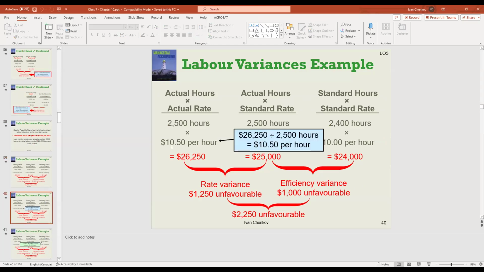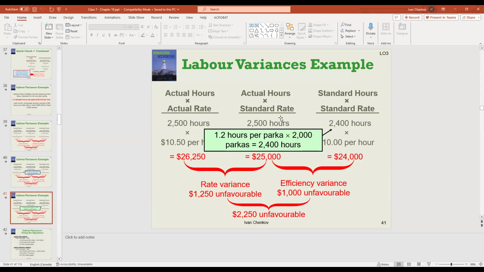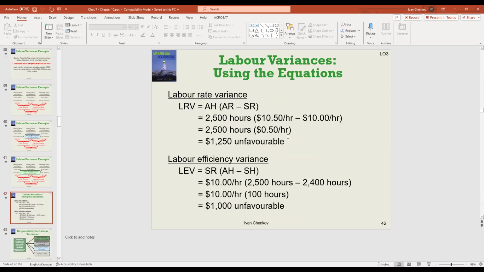We get the actual rate by total cost divided by the actual hours, and we get the standard hours by multiplying the number of units times the standard hours to produce 1 unit. This is if you want to use the formula.